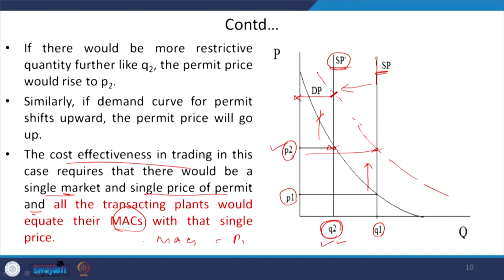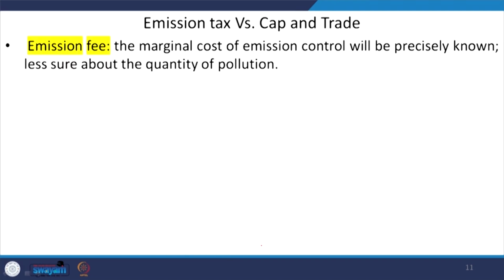That means this equimarginal principle will be followed. So, if you are talking about two farms, then the marginal abatement cost of the first farm would be equal to the marginal abatement cost of the second farm, that is equal to P1, okay.